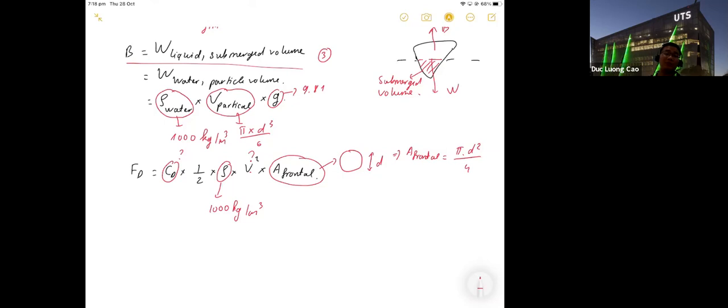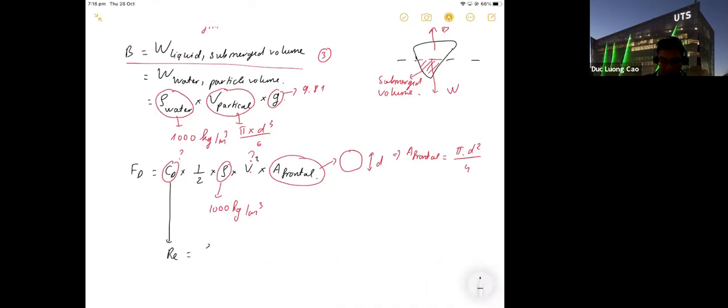How to find CD? Do you remember? CD of the sphere in question 2. To find CD, you have to know the Reynolds number.